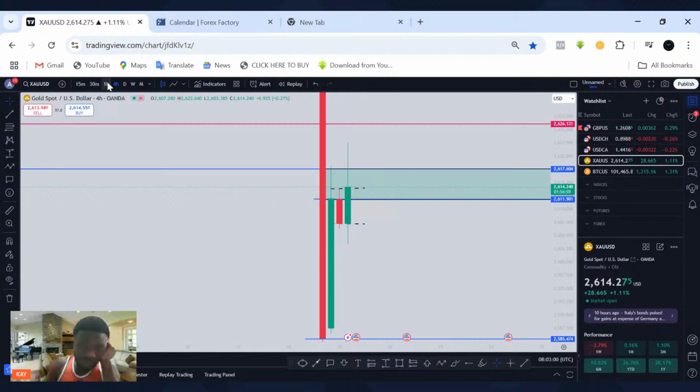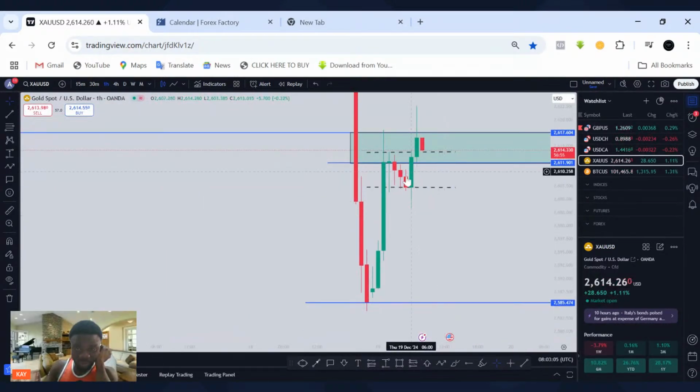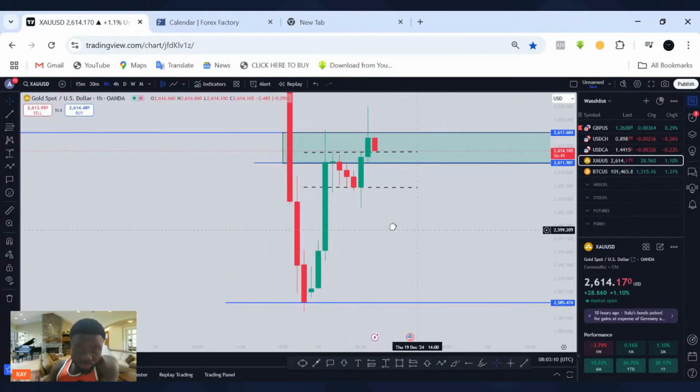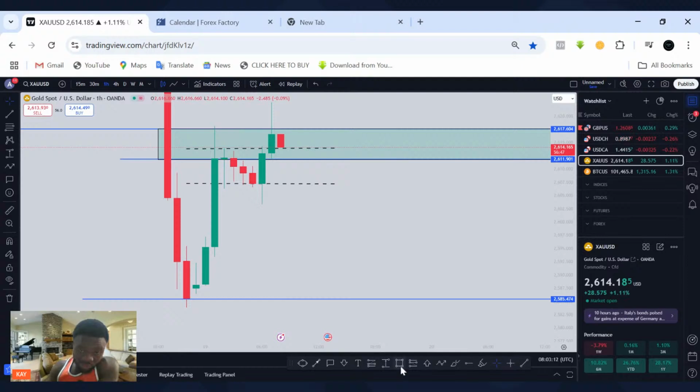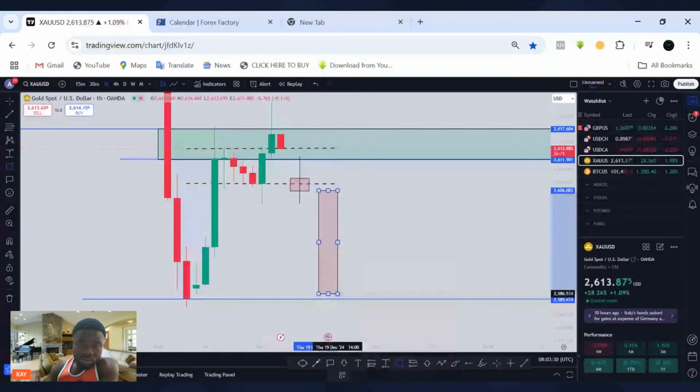But at this point, as this one has flipped, I think the best area to take a sell on gold is when the candle has broken below. If it breaks below, then you take a sell. I think that would be the best way to go.